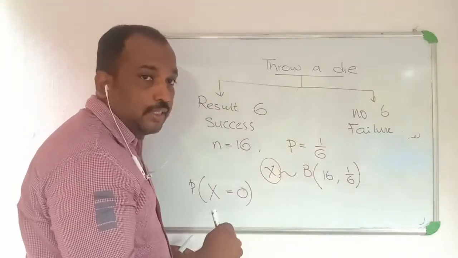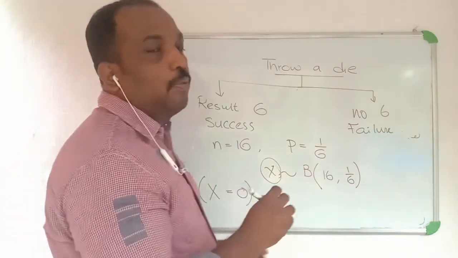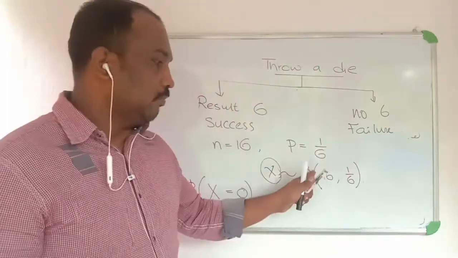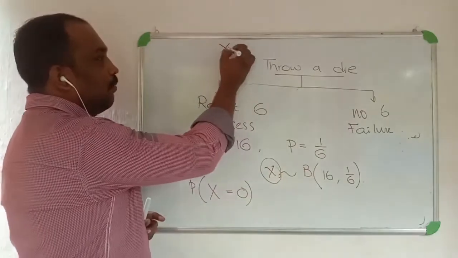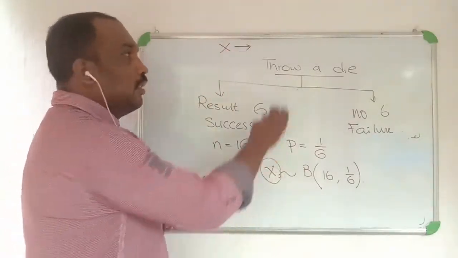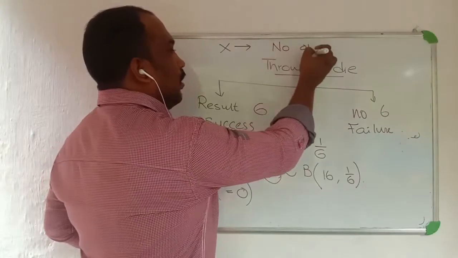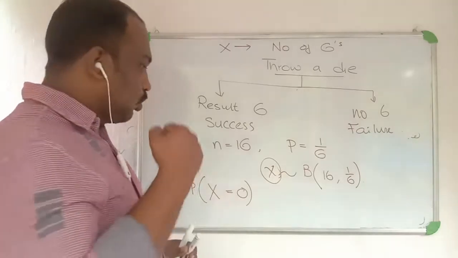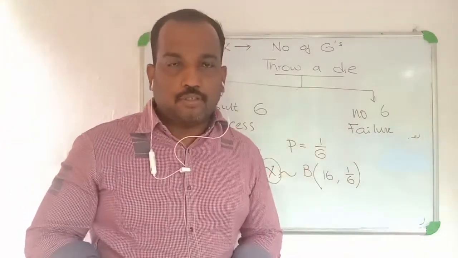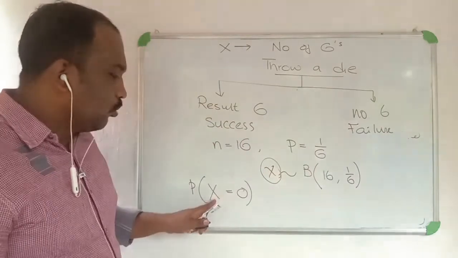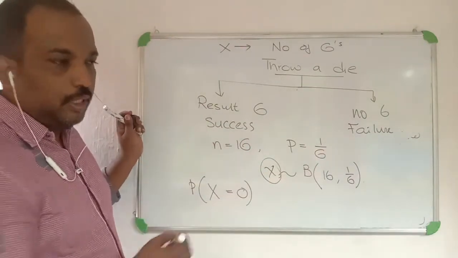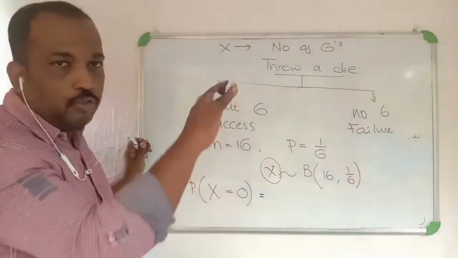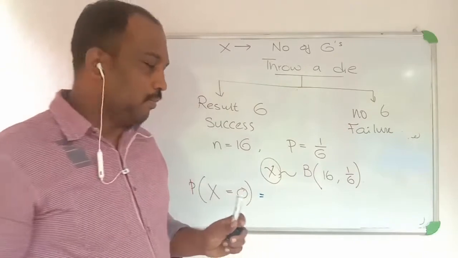In this particular example, our question is about how many sixes are obtained while throwing the dice 16 times. Suppose you throw the dice 16 times and you get X equal to 0, so the number of sixes is 0. We need to find the probability of this. We are not doing all the problems, just one example.